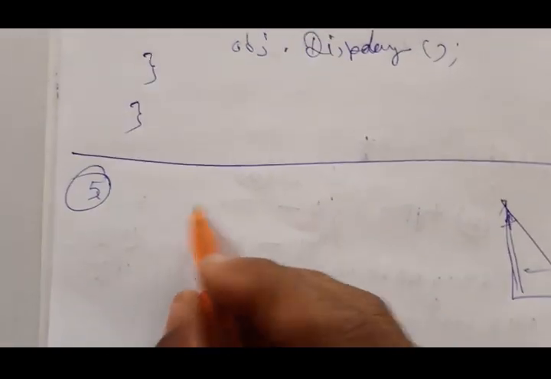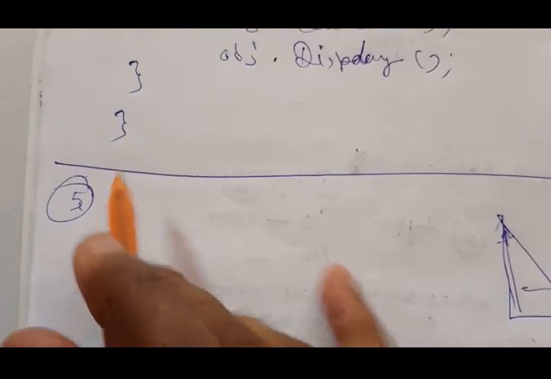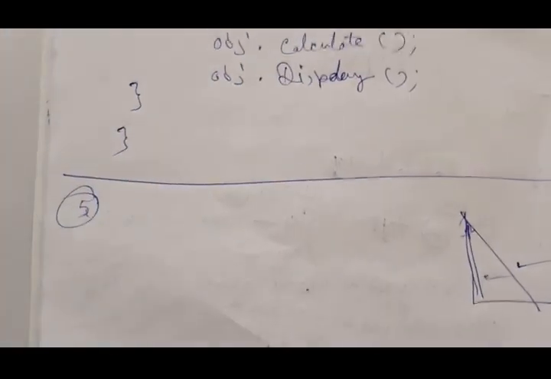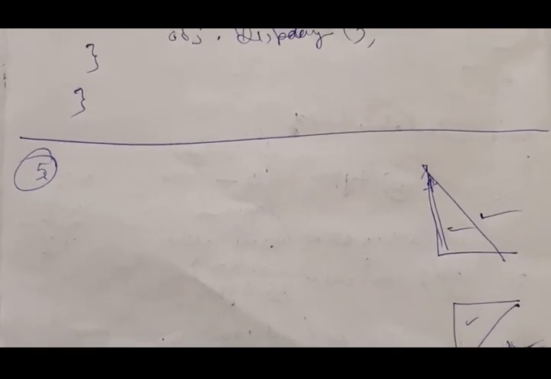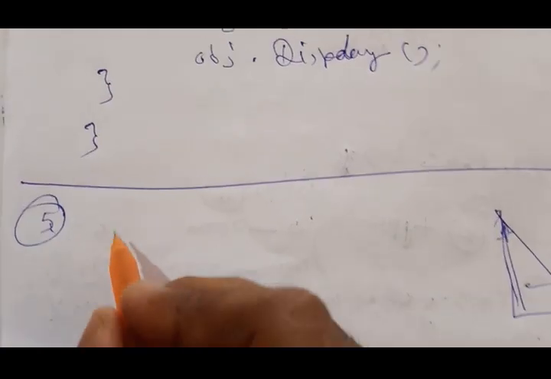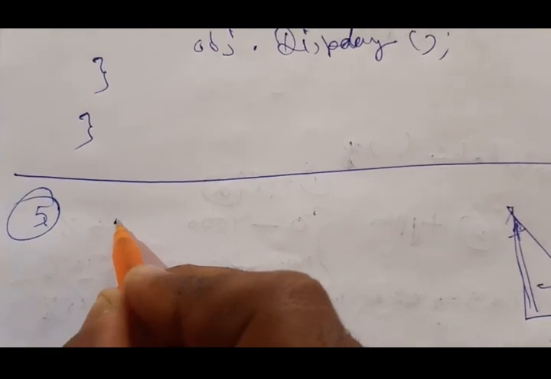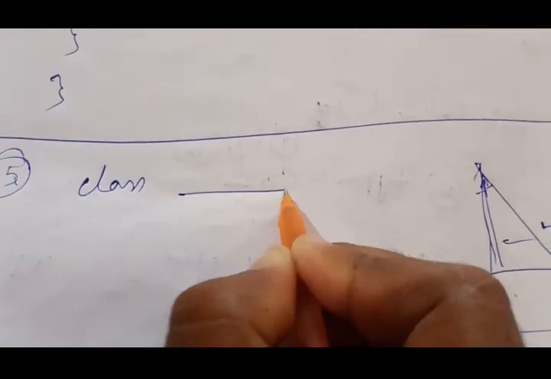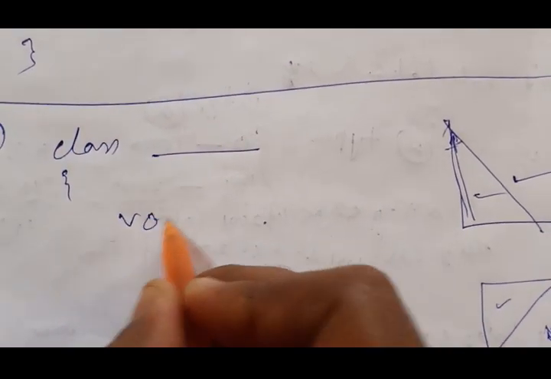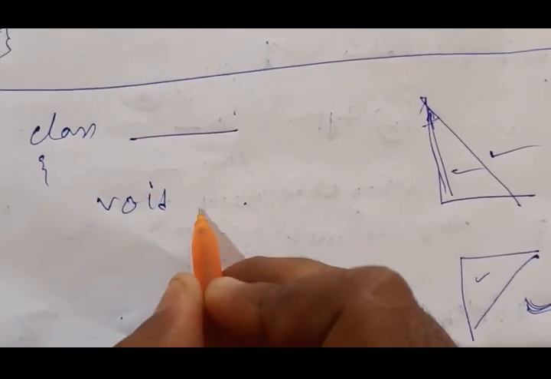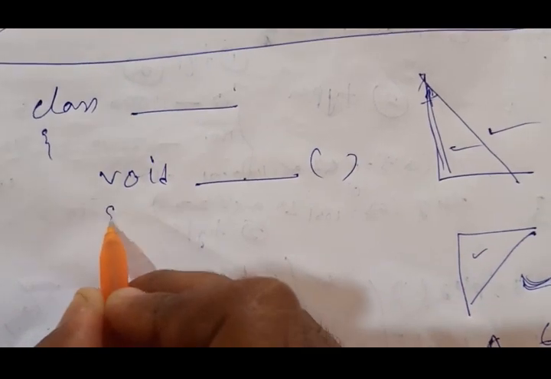For switch case, it is not mentioned which method you are using, and the class name is not mentioned over here. So suppose I write the class name according to your choice, then you need one method, void method name according to your choice.